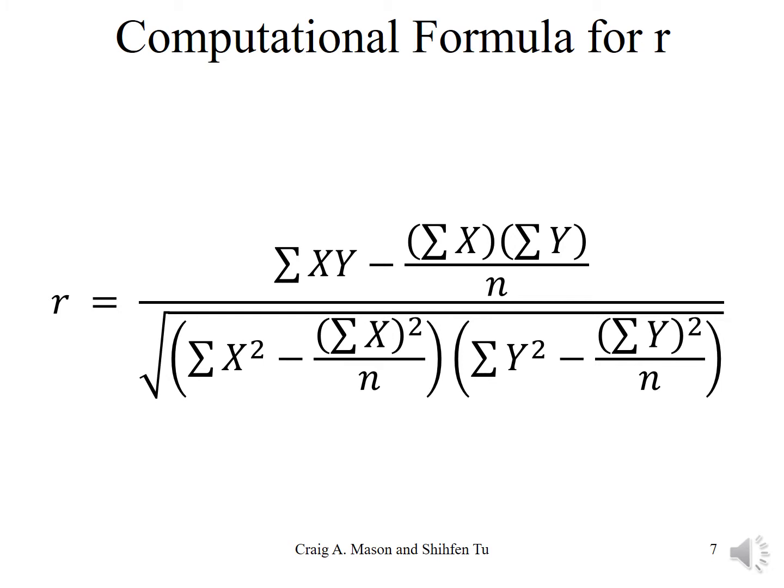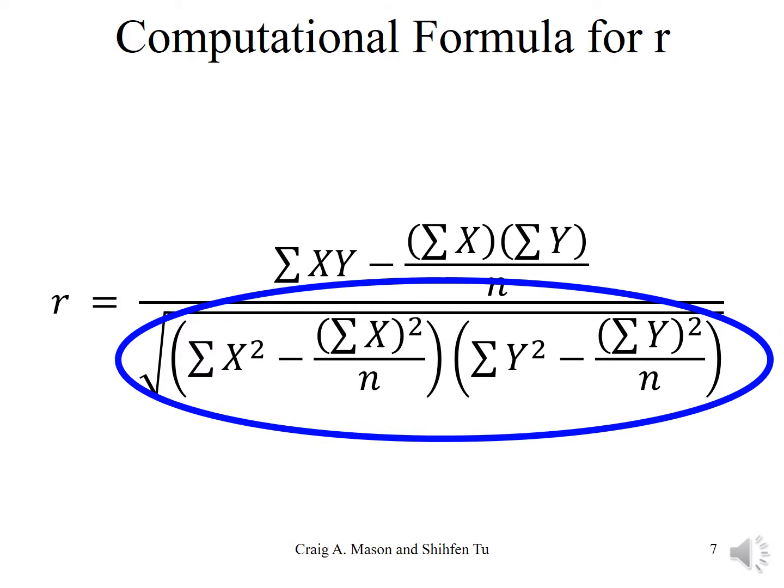All of this is then divided by the square root of the sum of squares for x times the sum of squares for y, which is the sum of x squared minus the sum of x quantity squared divided by n, times the sum of y squared minus the sum of y quantity squared divided by n.